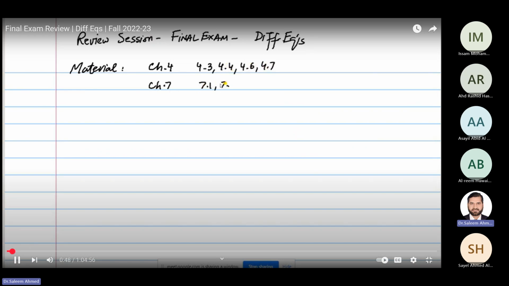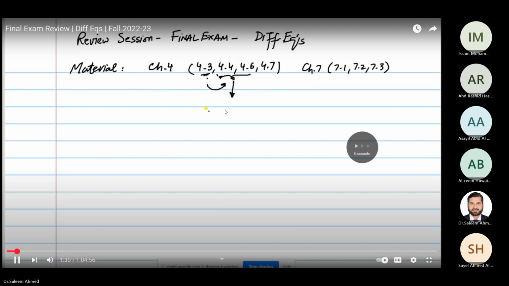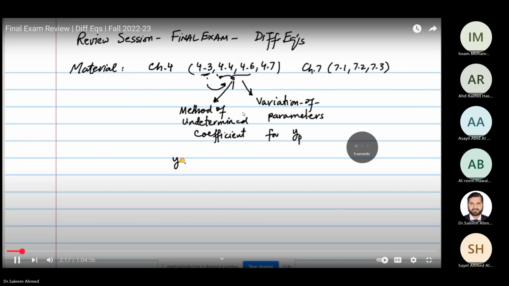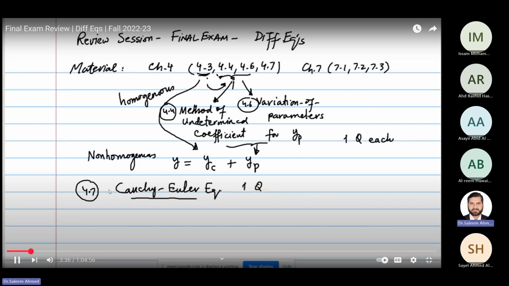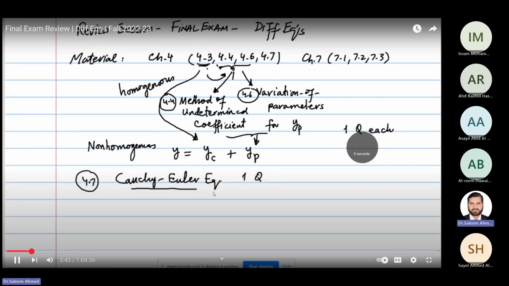As I wrote in the section, this 4.7 is not included for us. I could not do 4.7. So you can just go through 4.3, 4.4, 4.6, and 7.1, 2, 3. Okay.